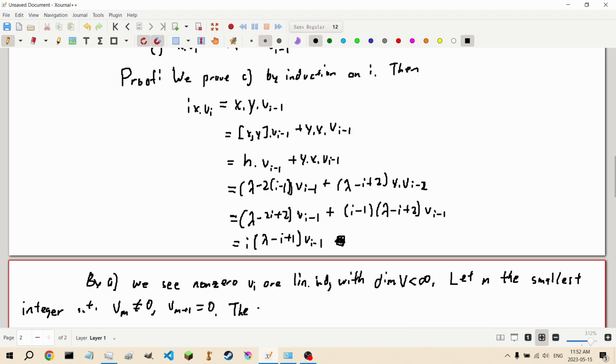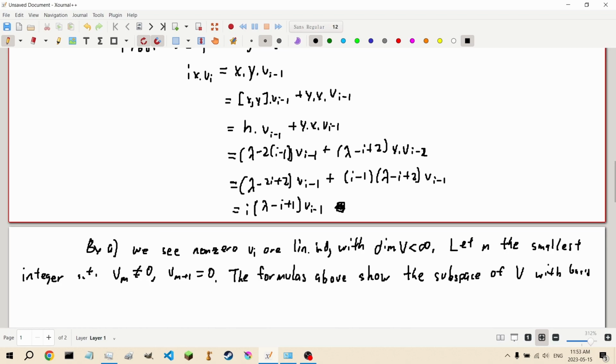The formulas above then, from our previous lemma, show the subspace of V with basis of our choice of maximal vector up through v_m is a non-zero L submodule.